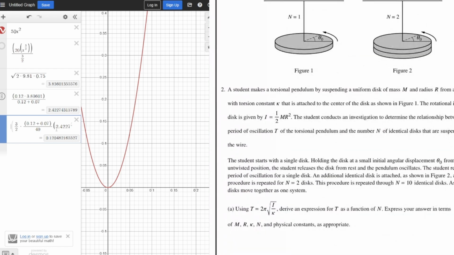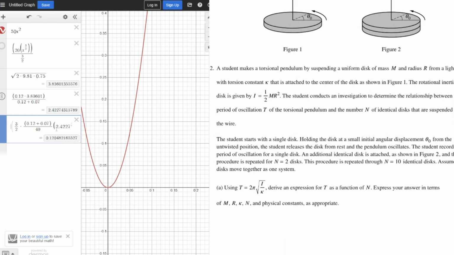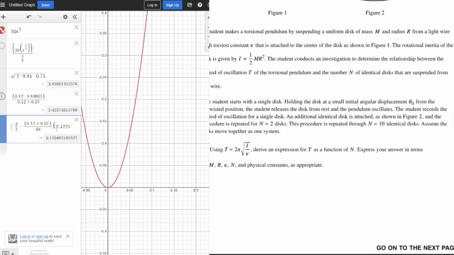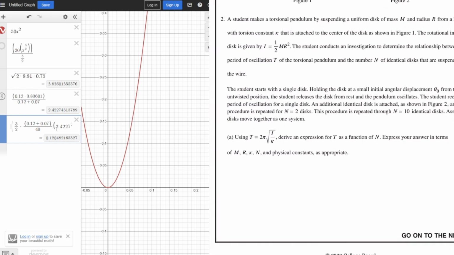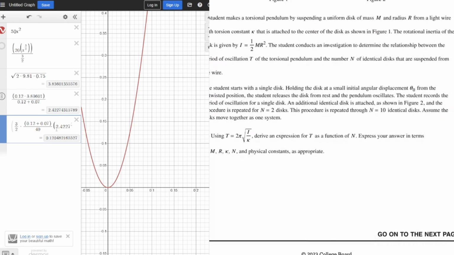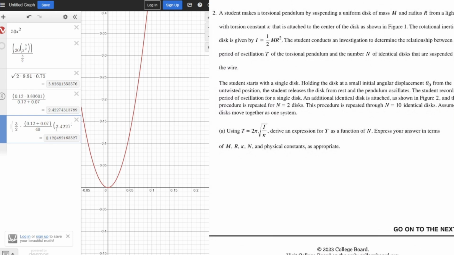All right, next question. A student makes a torsional pendulum by suspending a uniform disk of mass m and radius r from a light wire with a torsion constant kappa attached to the center of the disk, as shown in figure 1. The rotational inertia of the disk is given by 1/2 mr squared. The student conducts an investigation to determine the relationship between the period of oscillation of a torsional pendulum and the number of identical disks suspended from the wire.